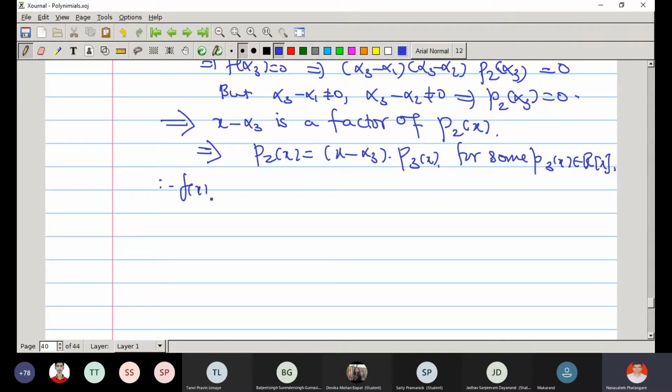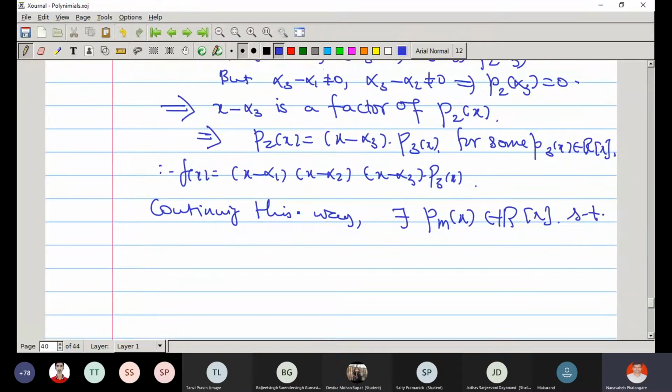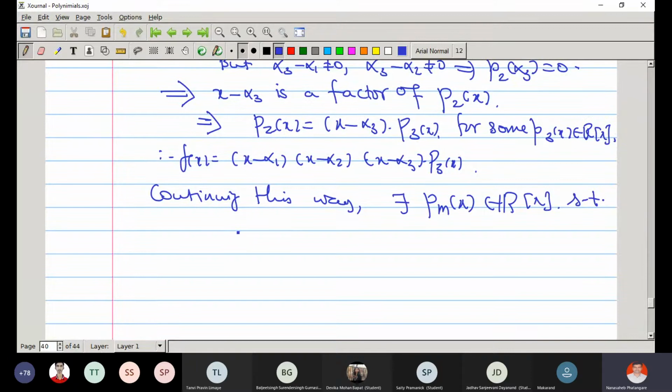So, continuing in this way, what will happen? There exists a polynomial pm(x) in R[x], same thing for alpha 4 and so on, such that f(x) is (x minus alpha 1)(x minus alpha 2) up to (x minus alpha m) into pm(x).